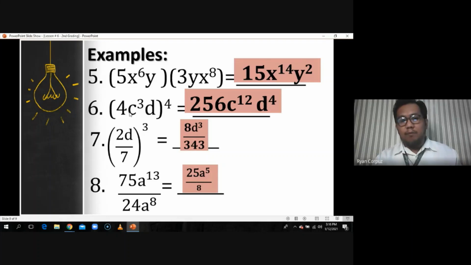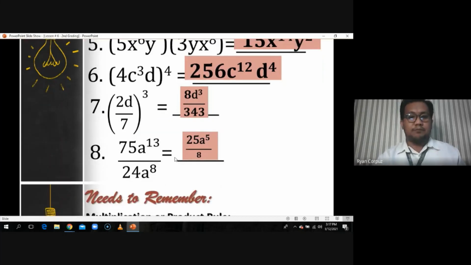Una, power of product rule, and yung pangalawa, yung power rule. On example number 7 naman, ginamit mo yung power of a product rule and also power of a quotient rule for you to simplify the expression. So that's how we apply the different laws of exponent. It's for you to apply it whenever you encounter expressions which involve exponents.